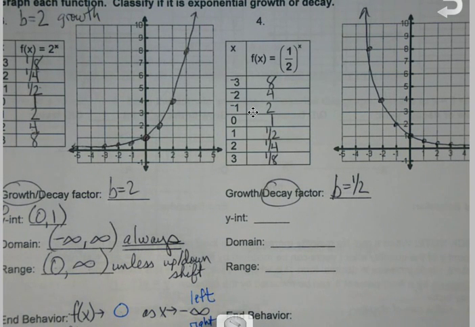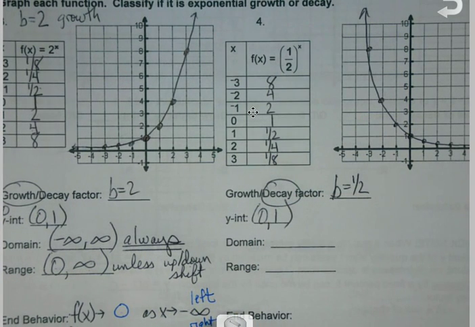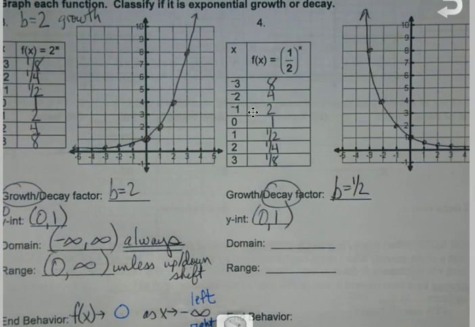So once I get that graphed, the rest of my info is going to be pretty easy to come up with. My y-intercept, we said before, unless there's a change in my a value, unless there was a number out front, is always going to be 0, 1. So, okay, that was pretty easy.